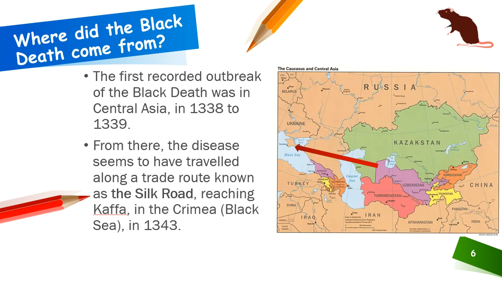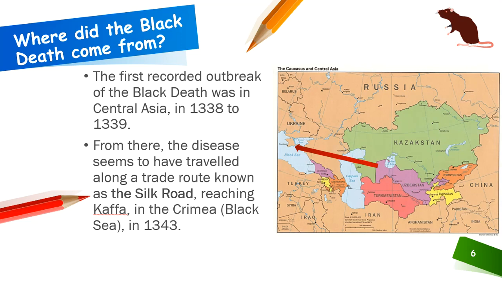So where did the Black Death come from? The first recorded outbreak of the Black Death was in Central Asia in 1338 to 1339. And Central Asia you can see there on the map. That's the region we know of today as Kazakhstan, Uzbekistan, Turkmenistan, all the stans really, between China and the Middle East.